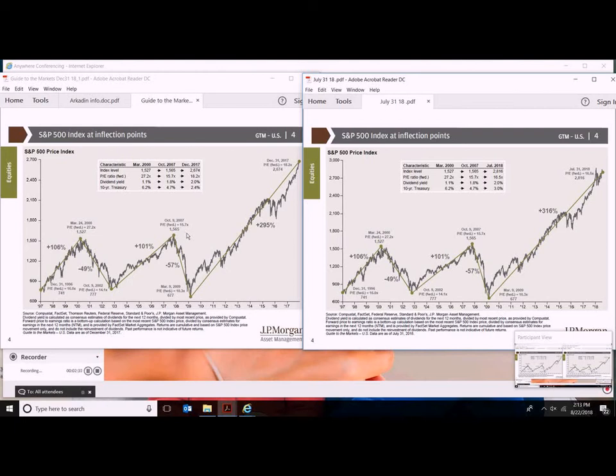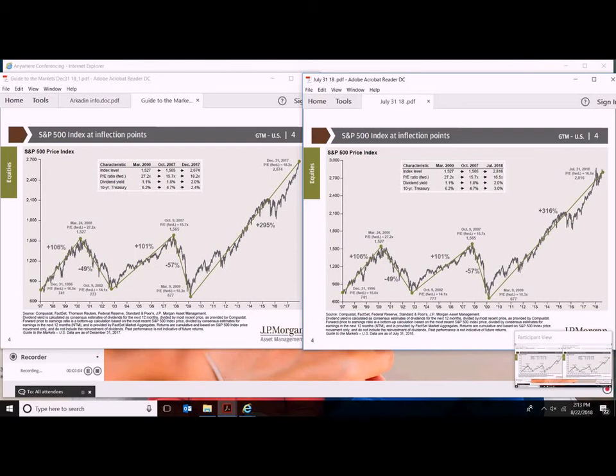At the peak of that pre-correction bubble, the real estate bubble, October 9, 2007, the PE ratio is 15.7 on the same 500 companies in America. Here we are, 18.2. And then going back to the tech bubble, March of 2000, the PE ratio is 27.2.